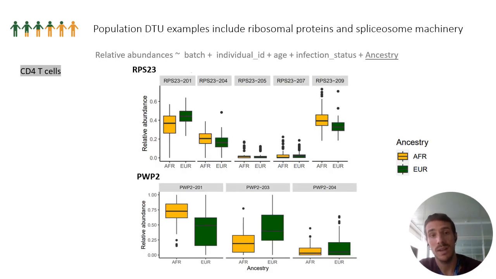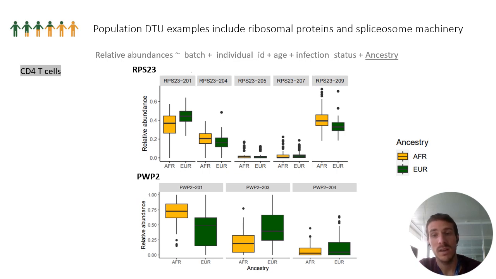Two interesting examples of genes undergoing differential transcript usage between populations are ribosomal protein S23, for instance, and you can see how the relative fractions of their expressed isoforms change between ancestries. And also PWP2 is an interesting example since it enables RNA binding activity and is involved in ribosomal small subunit assembly.